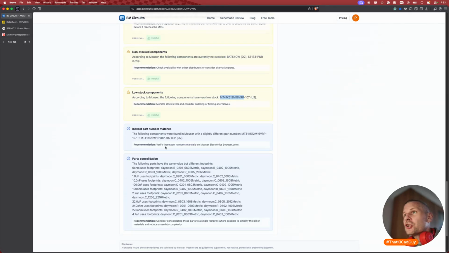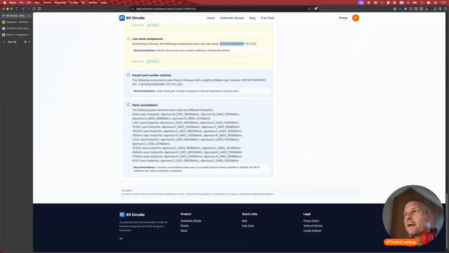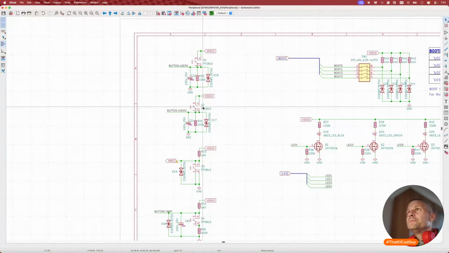Inexact part number matches, which is a medium importance thing, and parts consolidation. That's a pretty good point, yes, because BOM consolidation is one thing that we have to do.